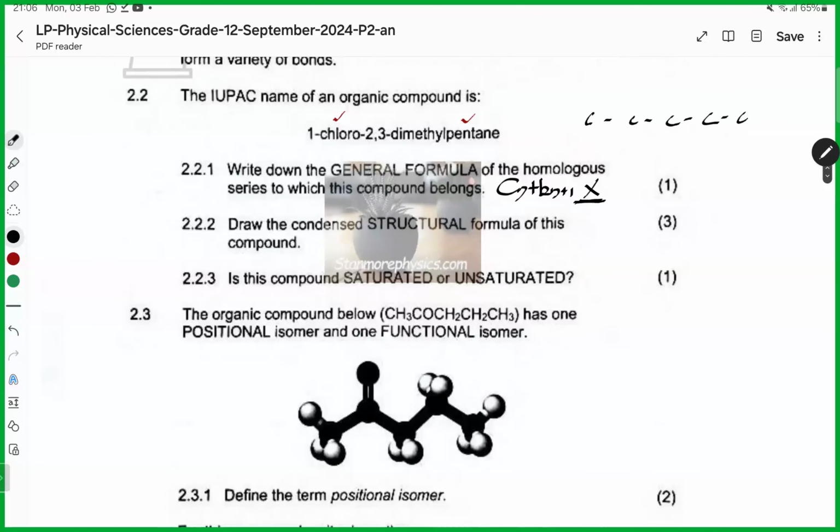Draw the condensed structural formula of this compound. 1-chloro-2,3-dimethylpentane. So you put Cl, not C. Yeah, I know.